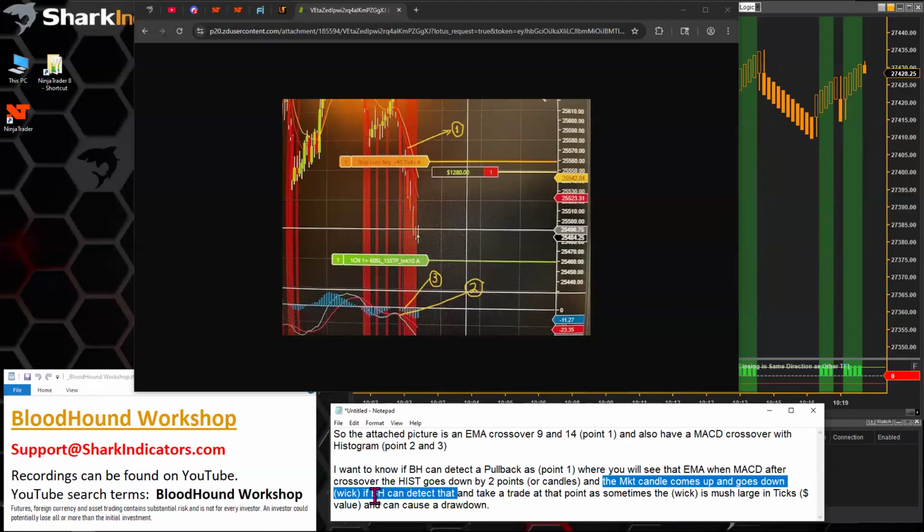Bloodhound can identify these wicks for sure. So if this is identified, is this to block the signal, or what? This last part makes it sound like there's something specific which you haven't explained. Oh, okay, there we go. We have some comments in the Q&A window.